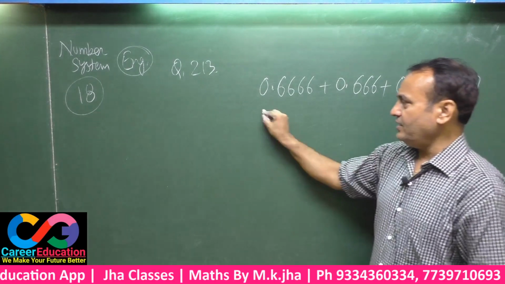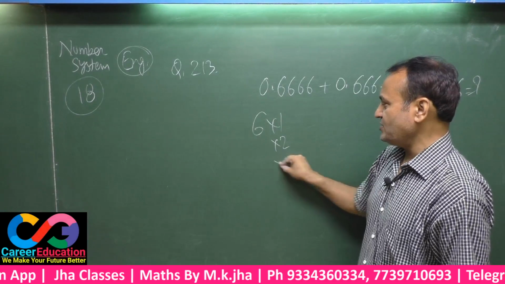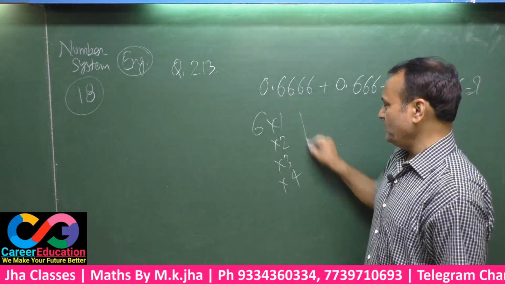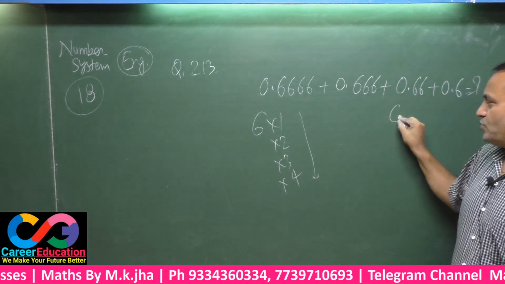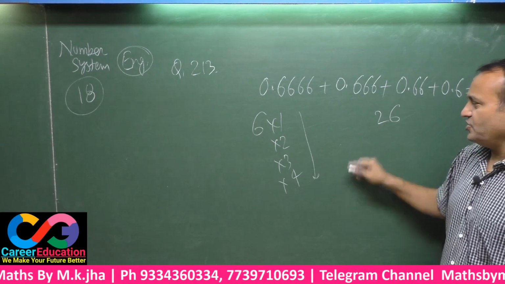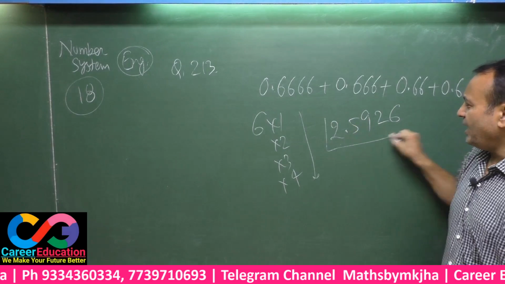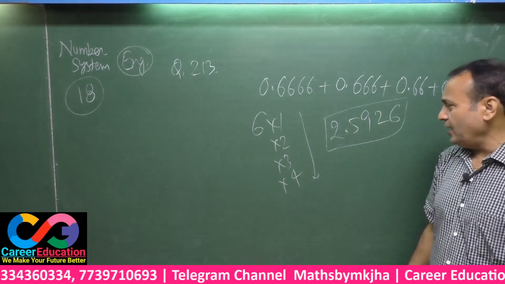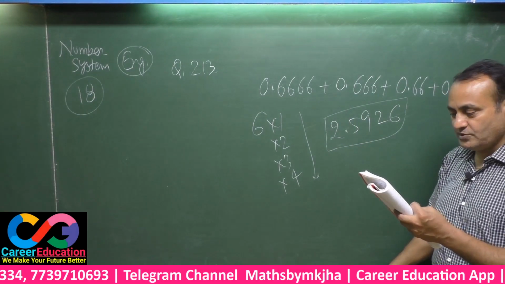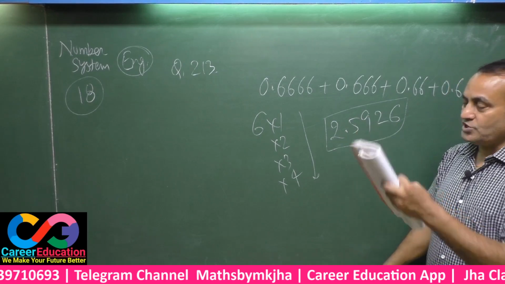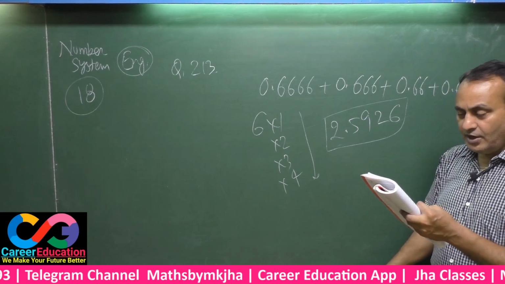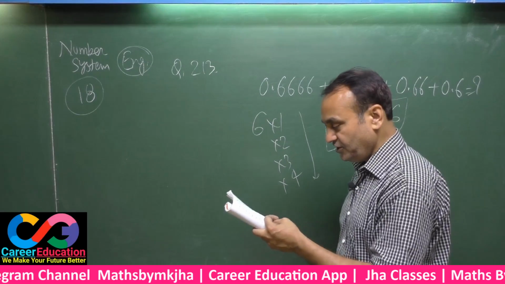That means again 6 1s, 6 2s, 6 3s, 6 4s. This will give you the correct answer. 6 1s are 6, 6 2s are 12, 6 3s are 18 plus 1 is 19, 6 4s are 24 plus 1 is 25. Decimal after 4 places from the right side. The answer is 2.5926. Note down. This is the explanation for question 213. Now coming to 214.